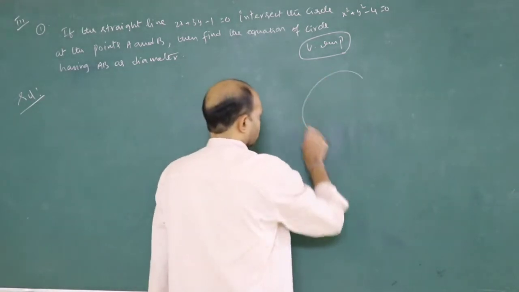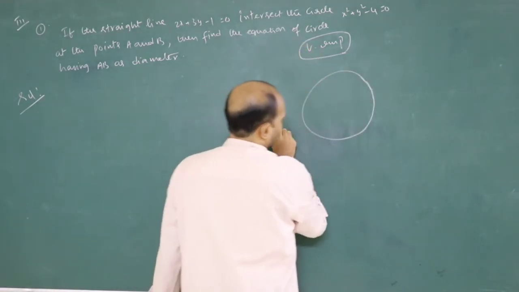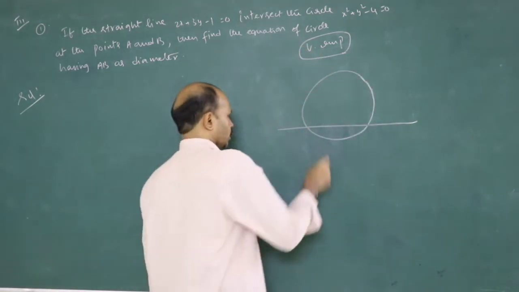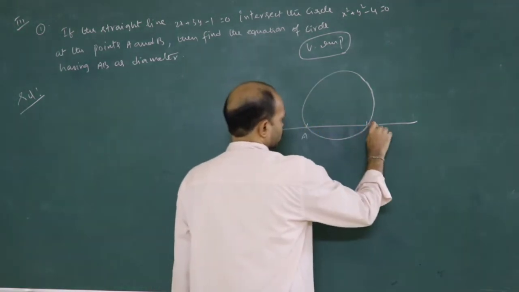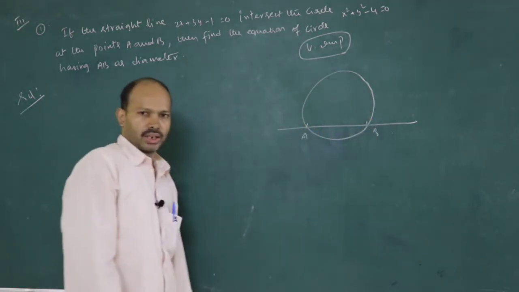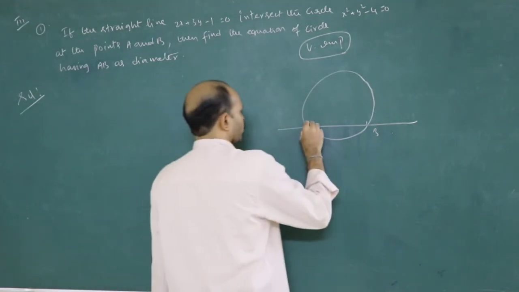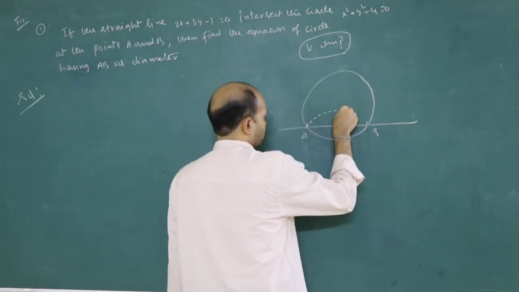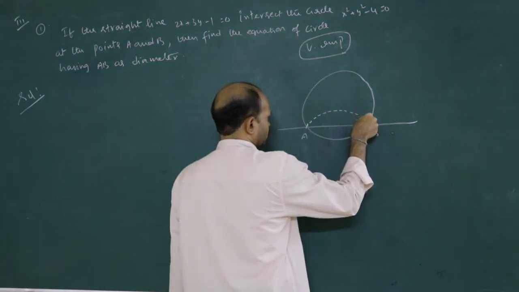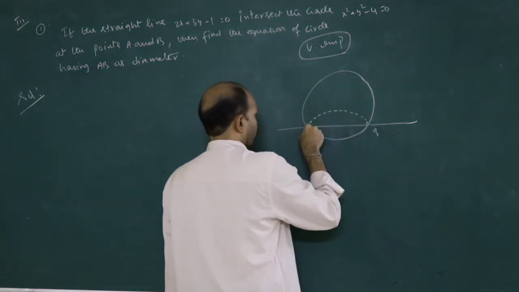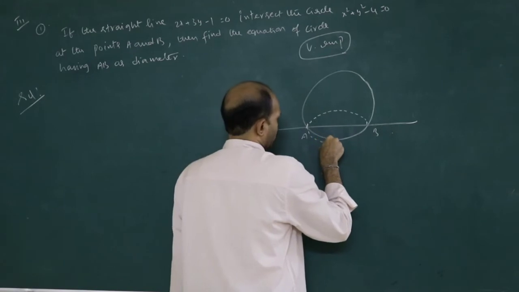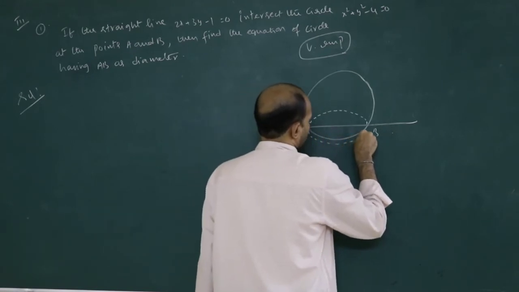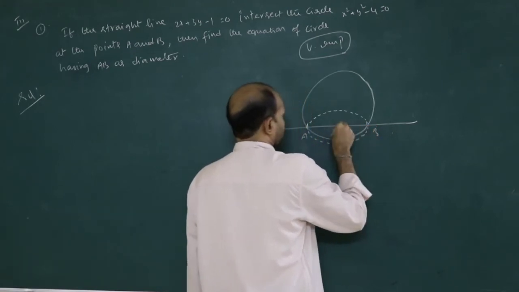See, there is a given circle like this. It was intersected by another line at 2 different points. Now we have to find a circle having this line AB as diameter.